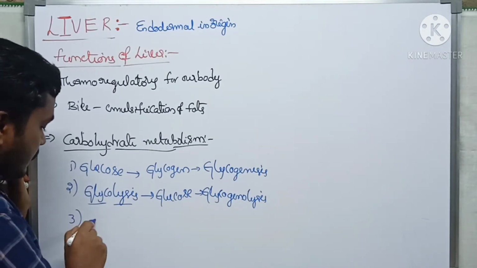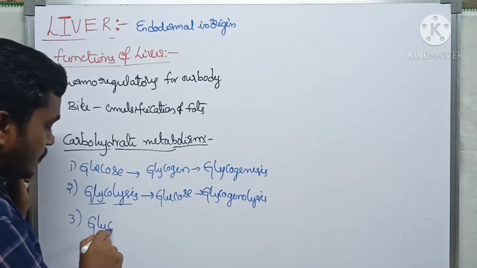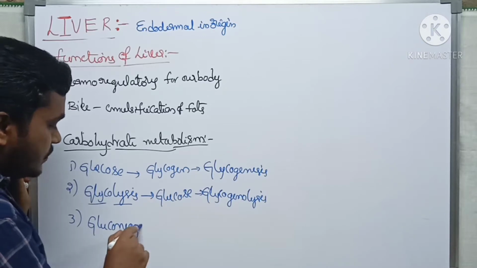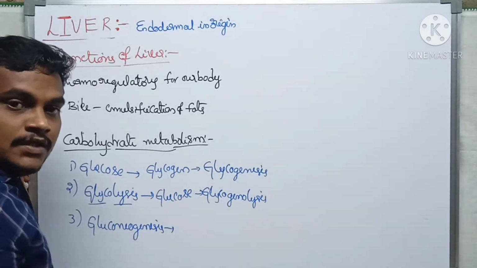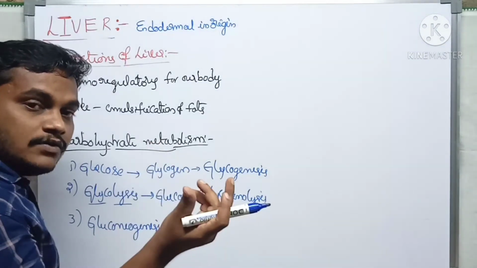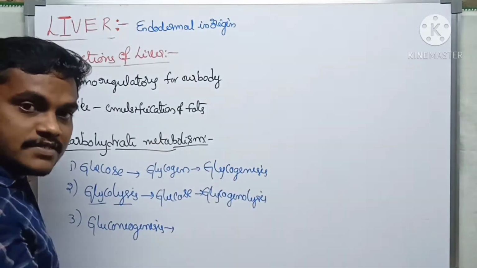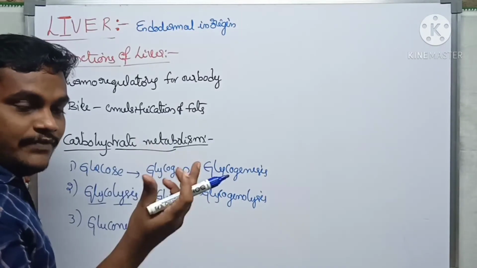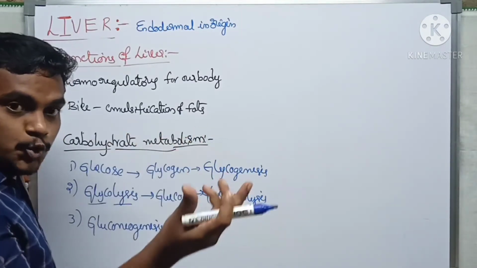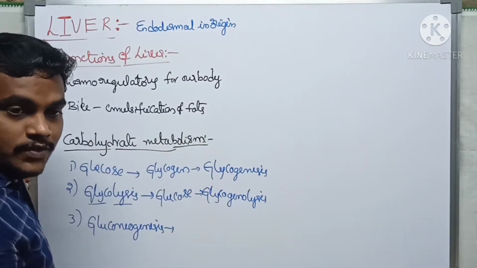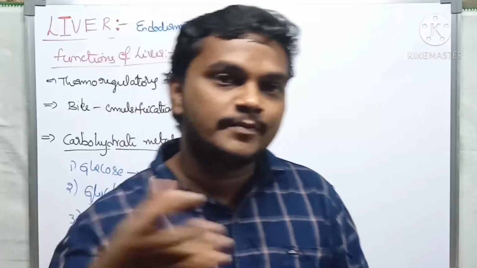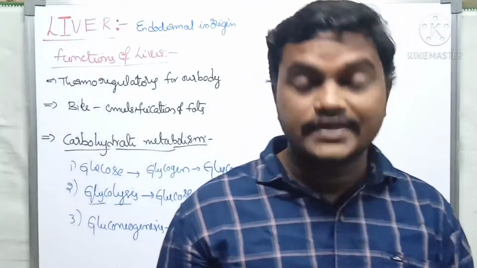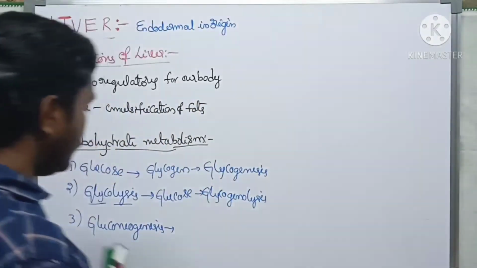Then the third term of carbohydrate metabolism, gluconeogenesis. It is a peculiar process. From non-carbohydrate substances, the liver prepares glucose, and that is called gluconeogenesis.